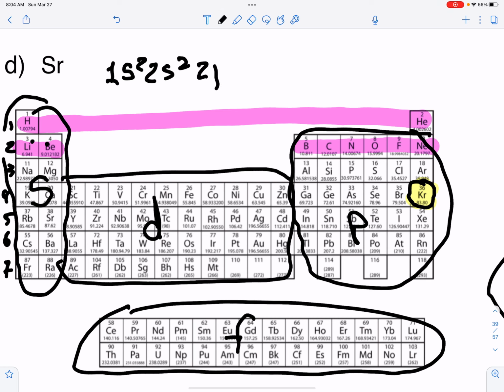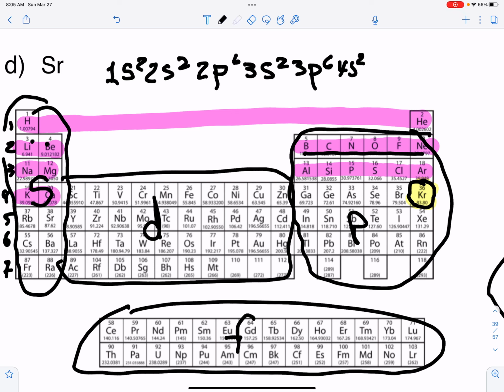This is my P block, and there's 6 of them. And then we move to level number 3 on my S block, and there's 2 of them. And then I jump over, I'm still on period number 3, but those are my P's, and there's 6 of them. Then I move to period 4 on my S block, and there's 2 of them.